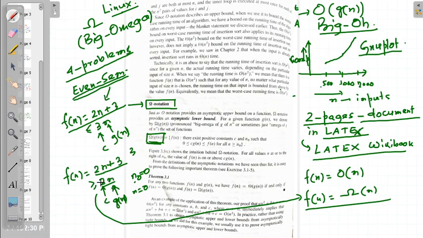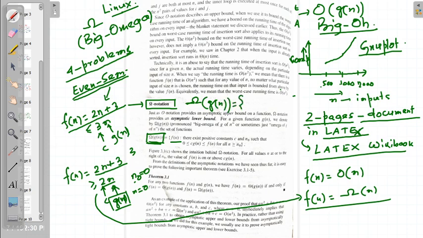Depending on a and b, we can have a set of functions which are classified as omega of n.